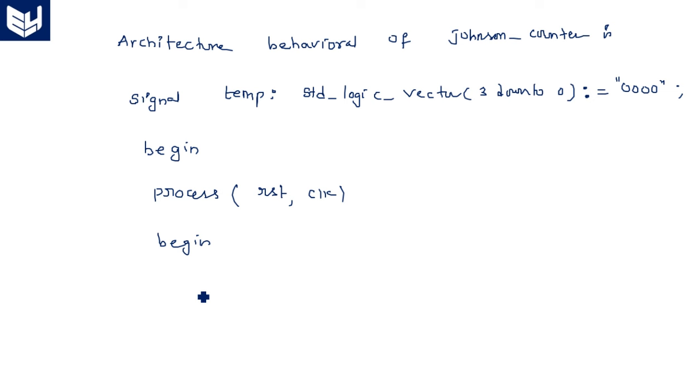So begin, if reset is equal to 1. Reset equal to 1 means we are completely making the flip-flops 0. Then temp is equal to 4 zeros.